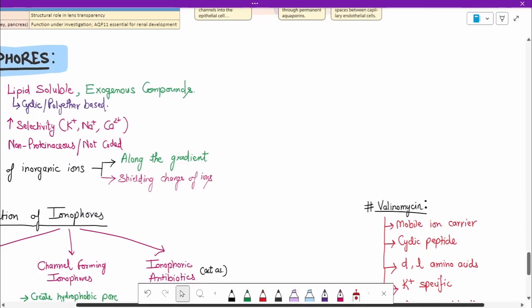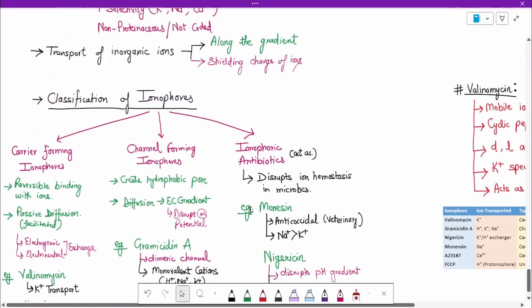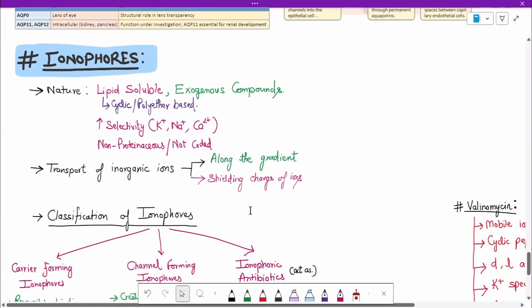And this was aquaporins. Now the last one for today's lecture is ionophores. These are different from any carrier or channel we have studied so far. Ionophores are ion specific, but these are not an integral part of the plasma membrane.